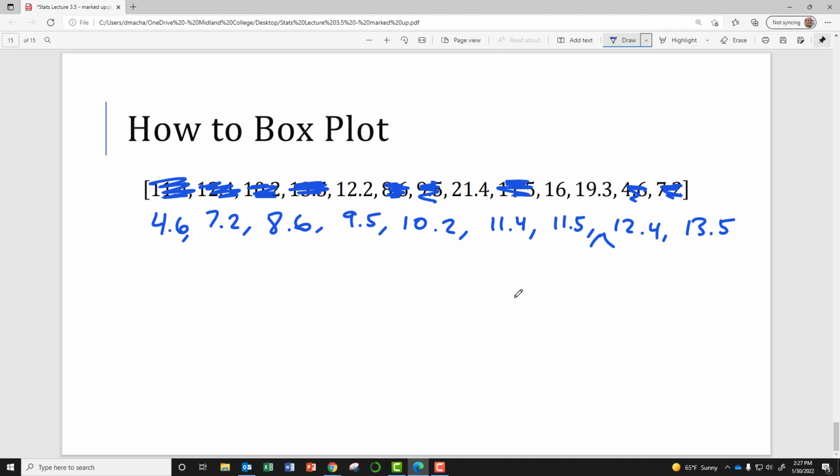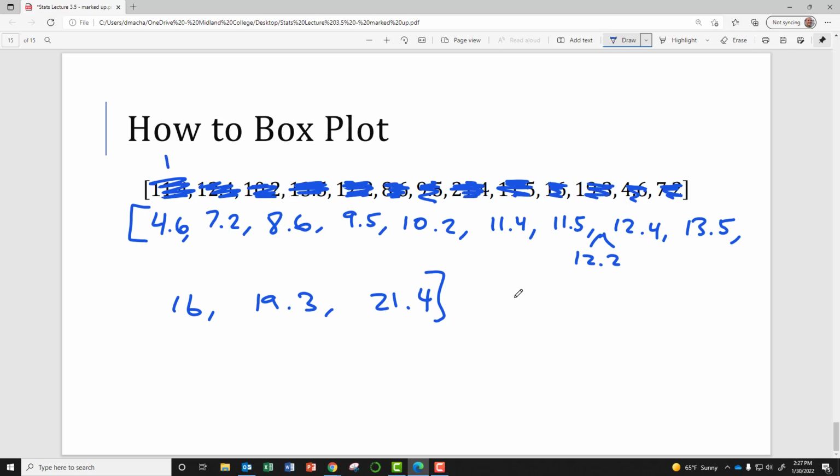So right here is where 12.2 goes. And then it looks like my last numbers are 16, 19.3, and 21.4. So this is my data in order from least to greatest. And that's all of them.